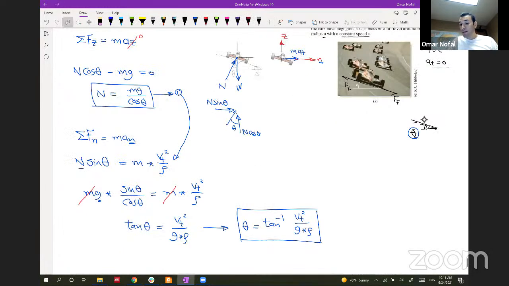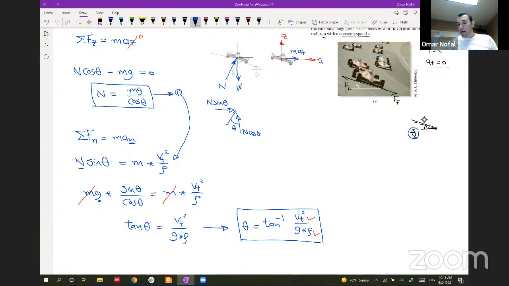is a function of the velocity of the car and the radius of the curve. So it is not a function of the mass of the car. Whatever the mass is, it doesn't depend. That's why it's only a constant velocity on the highway for all the cars.